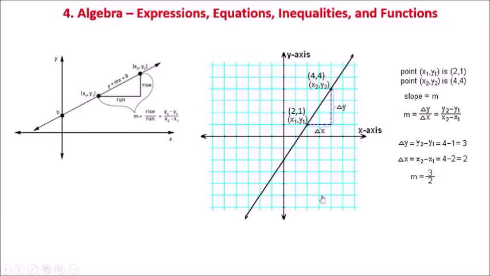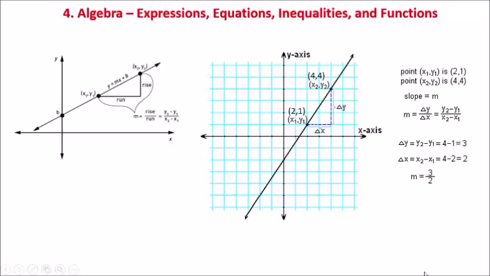So let's just take this example here. I've got a point x1, y1, which is 2, 1. Then I've got a point x2, y2, let's call it 4, 4. The way we define the slantness of the line, the slope of the line, is rise over run. That means delta y versus delta x.